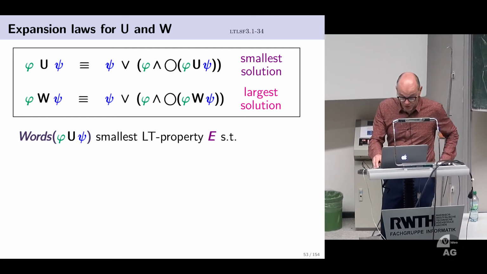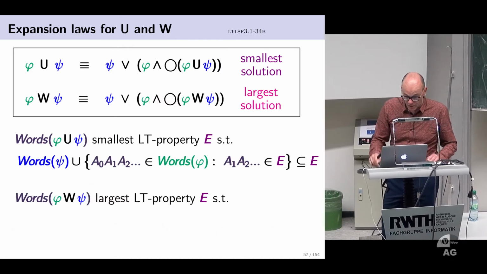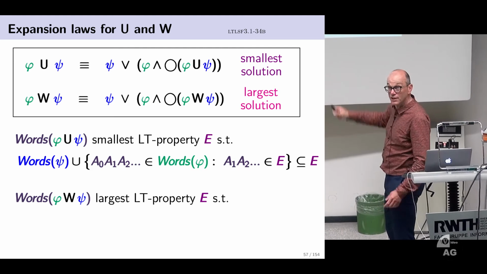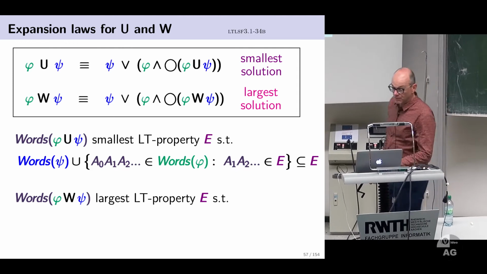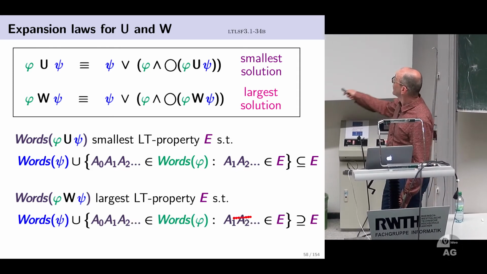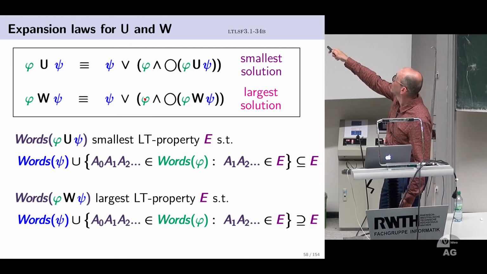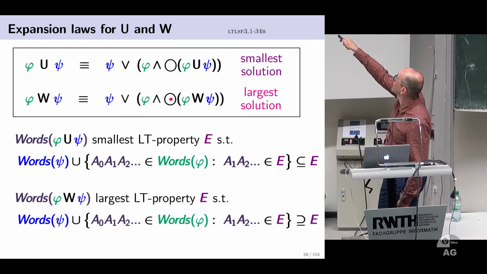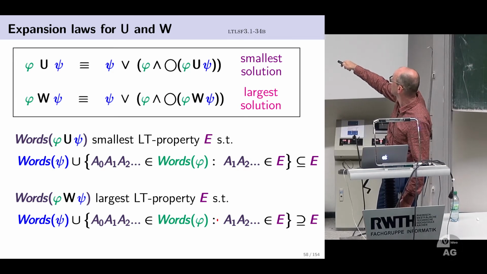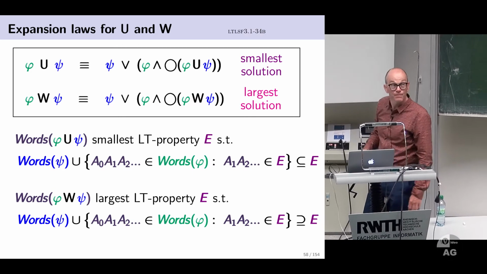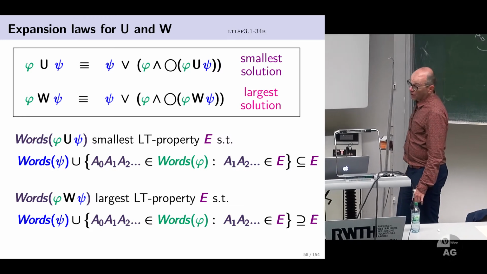So until was the smallest property, and that's what you have seen. And what was basically W? W is the largest property. It's the largest set of traces such that the same equation holds, which means either psi holds, or, which was the union here, phi holds now, which means this statement, and then from the next point on until holds, and that next meant A1, A2, because we deleted the first symbol, and we were saying this must be an element in A. Good.